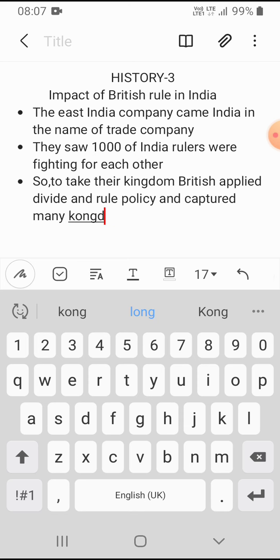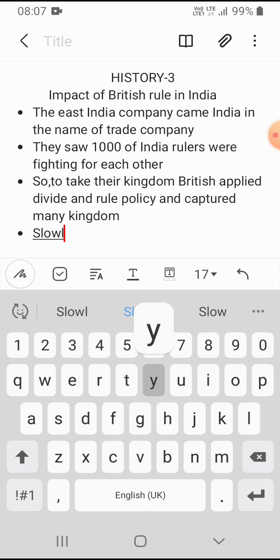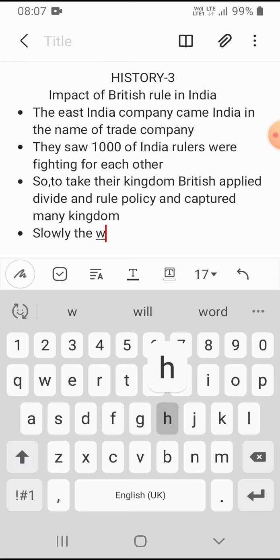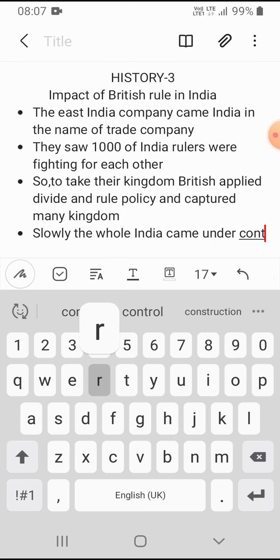Slowly, the whole of India came under the control of the British.